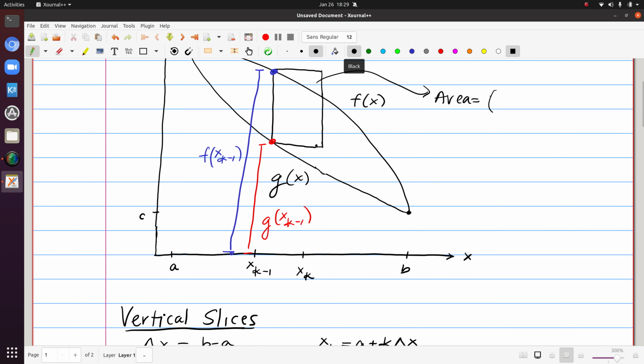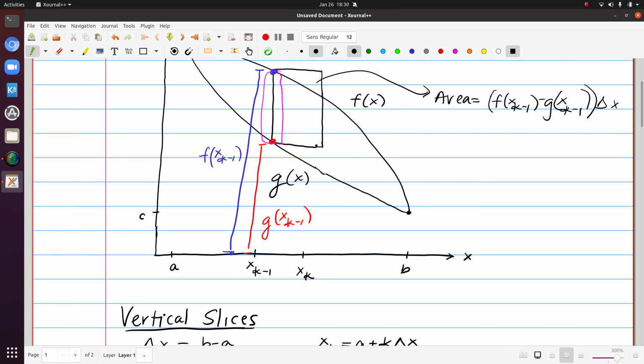And consequently, the difference of those two would give me the height, right? I can subtract the red line from the blue line. So that difference is f of x k minus 1 minus g of x k minus 1. And as I said before, we multiply that height by the width delta x.